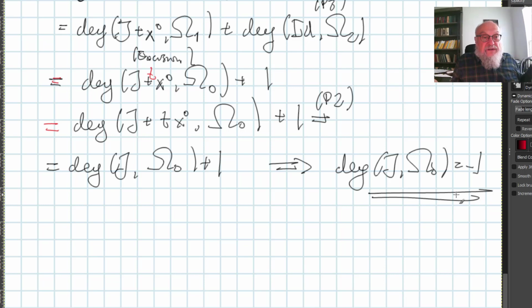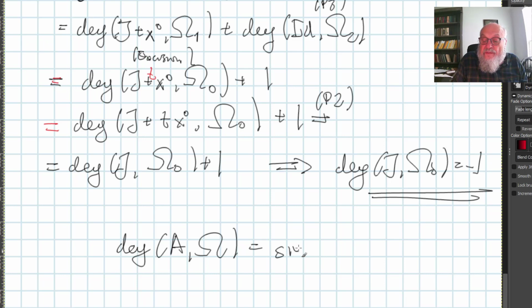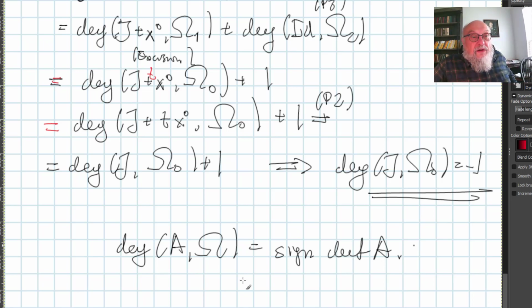We showed that indeed the degree of any isomorphism on omega is equal to the signum of the determinant of A, and I think that's enough for one lecture.